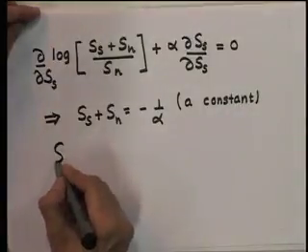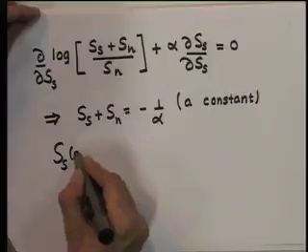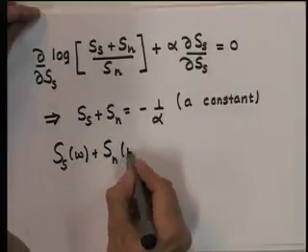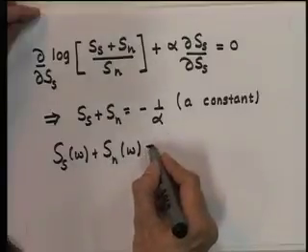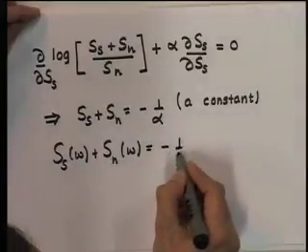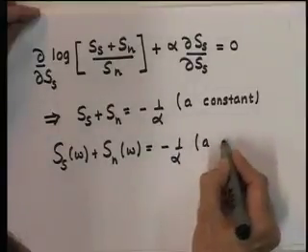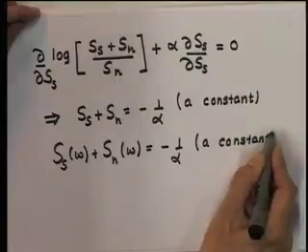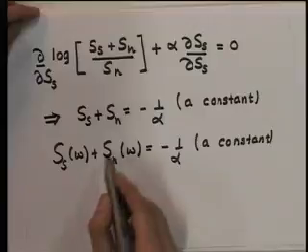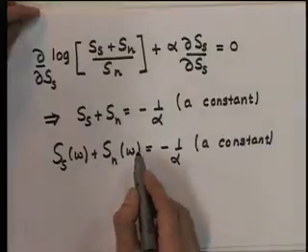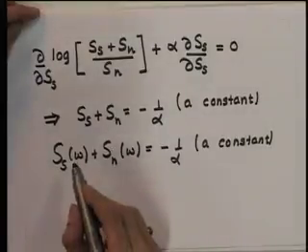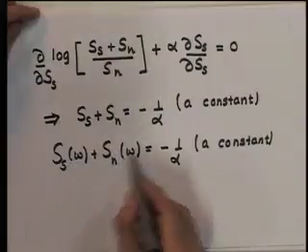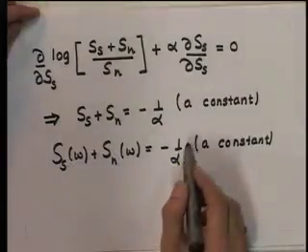Thus, signal power density and noise power densities are related by this relationship. This shows that to attain the maximum channel capacity, the signal power density and the noise power density must be a constant, that is, white.